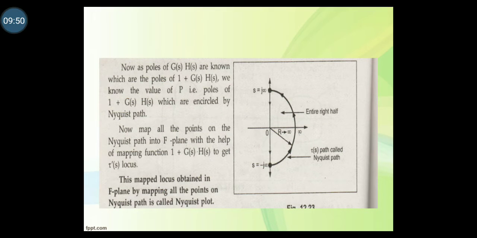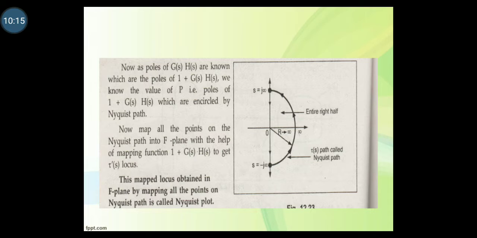So Nyquist suggested that rather than analyzing whether all the zeros are located in the left half of the s plane, we need to examine the presence of any zero of 1 plus g of s h of s in the right half of the s plane. If at least one zero is lying in the right half of the s plane, then the system will become unstable.